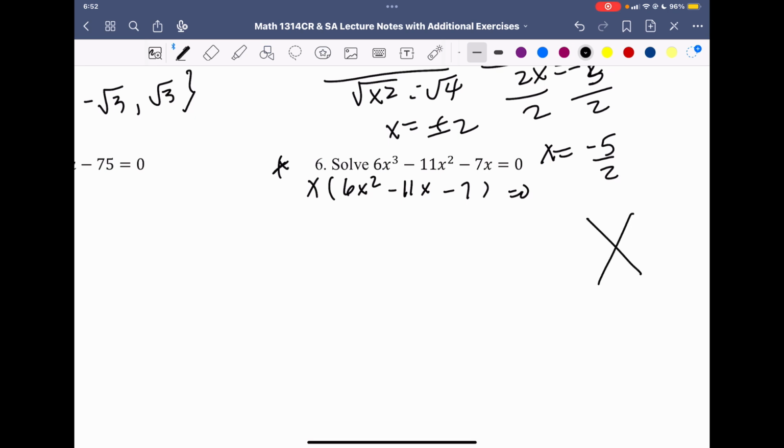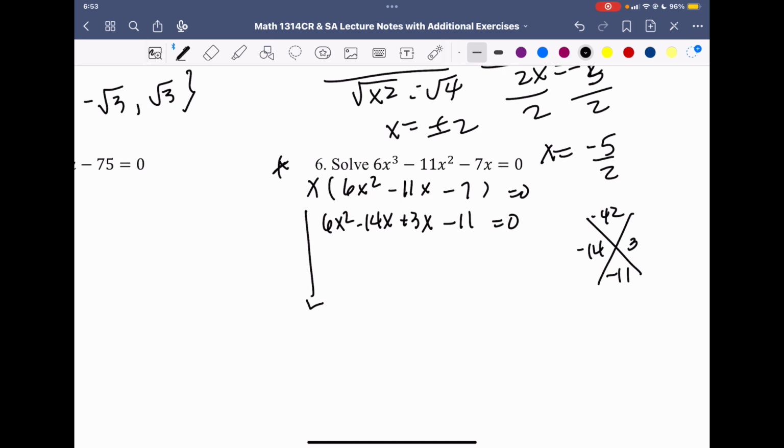So I have negative 42, and I have negative 11. So then my factors are going to be negative 14 and 3. So we just bring this down. 6x squared minus 14x plus 3x minus 7 equals 0.